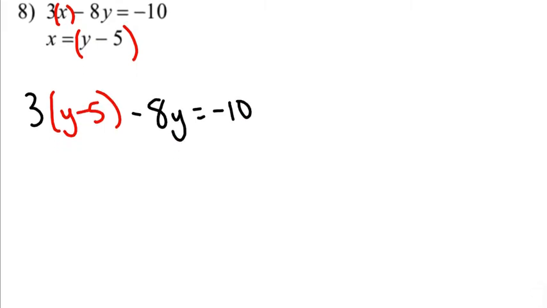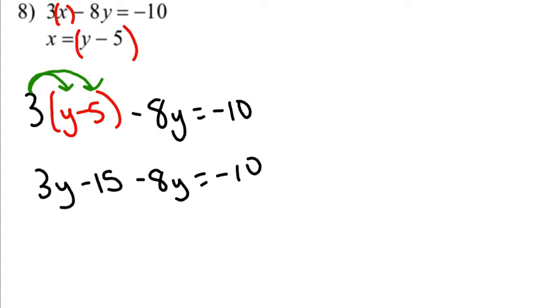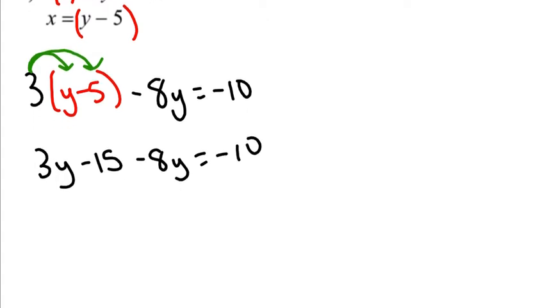Okay, so distributive property, 3 times y gives me 3y, and 3 times negative 5 gives me negative 15. And then let's bring down the rest of the equation. We get that.